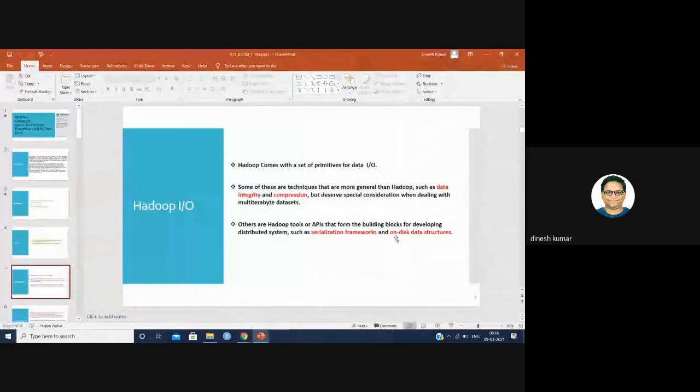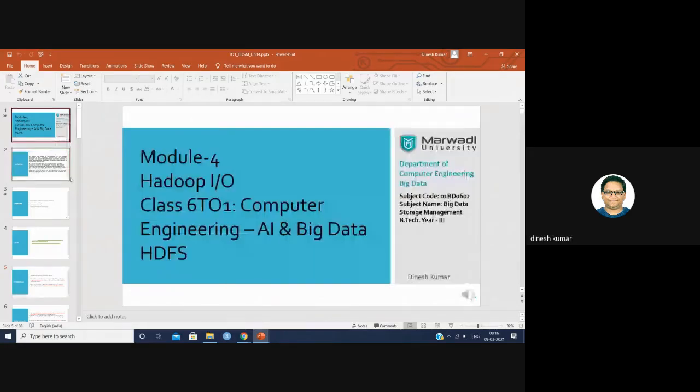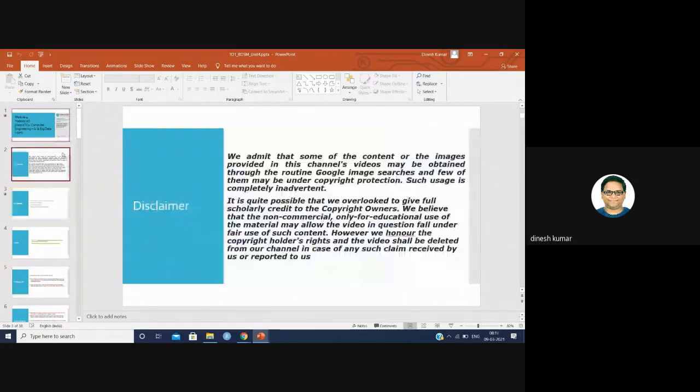We have 2 hours of class, so for this week before you go for mid, we'll try to execute some commands and see something practical about the theory which we have already discussed. This is chapter 4, Hadoop input output, which we will touch after a while.